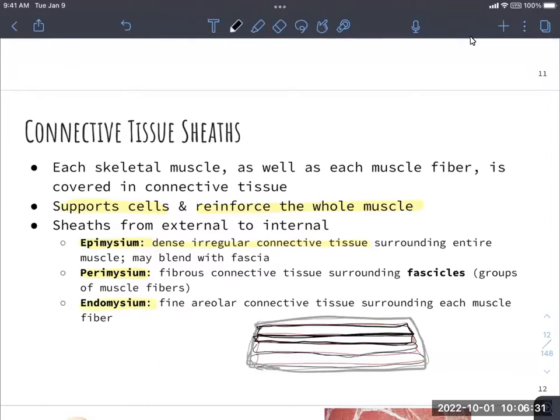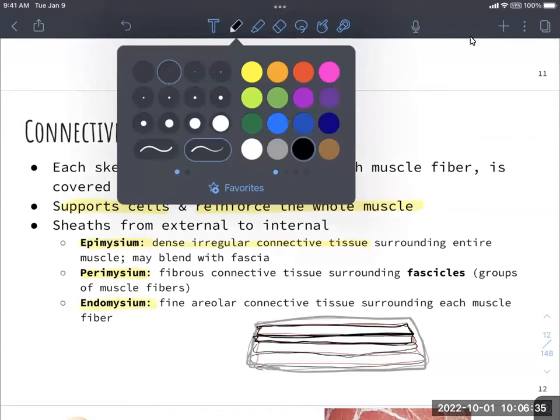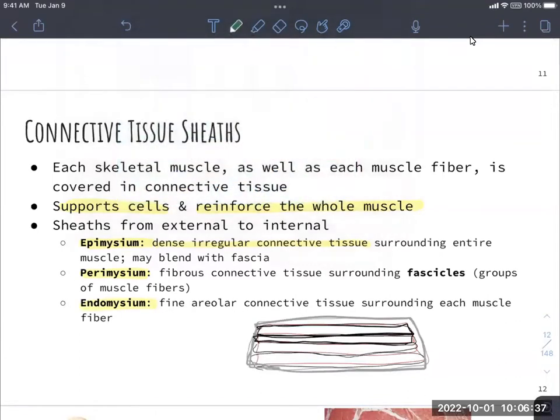Then the perimysium is a group of muscle fibers. So here's two together. That's my perimysium for there. There's my perimysium for the next two. It's not necessarily just two, but that's just how I'm drawing it.